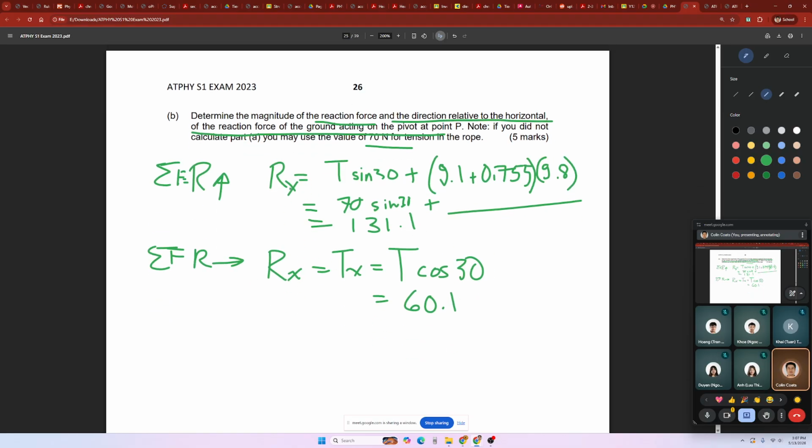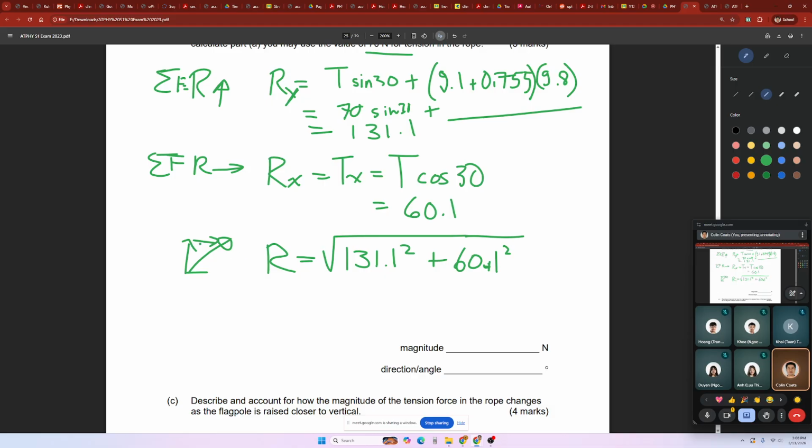So once we have these two components of R, they make the resultant. So R equals the square root of those two squared. The sum of the squares of the two sides, because they create that right angle triangle.